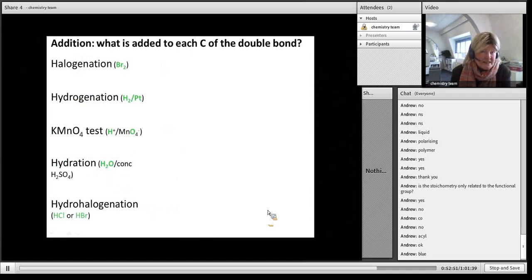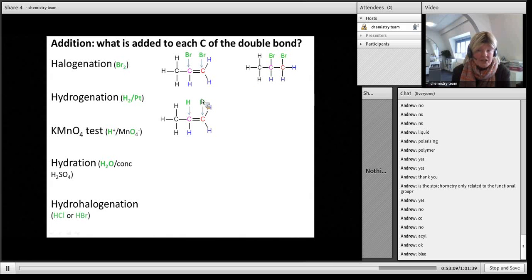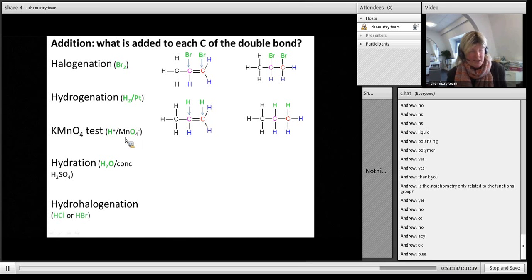Okay, so let's now check what is added to each carbon of the double bond. So with halogenation, it's Br2, so I've added a Br to each one, and there's my product. Hydrogenation, I've added an H to each one, and there's my product. The permanganate test, it's acidified permanganate, so you don't have to acidify it, but if you're talking about decolorizing the purple, then you have to have it acidified.